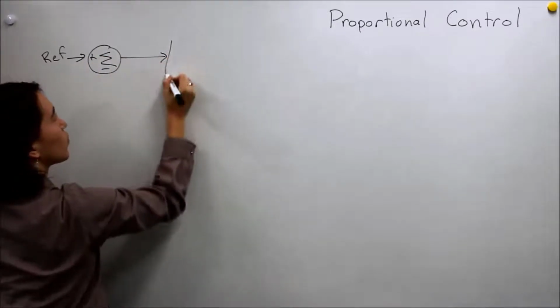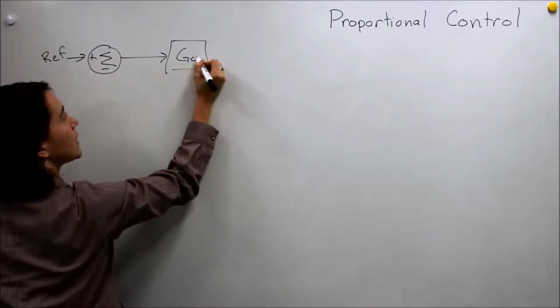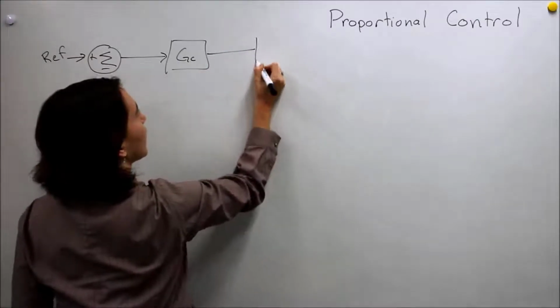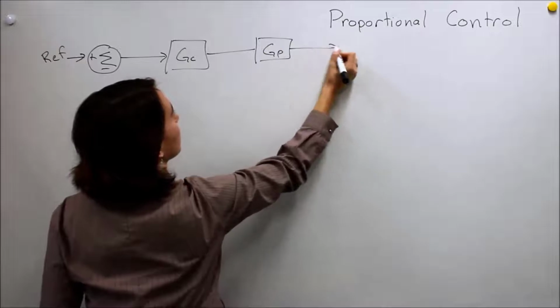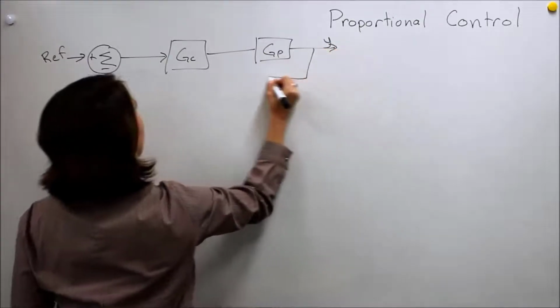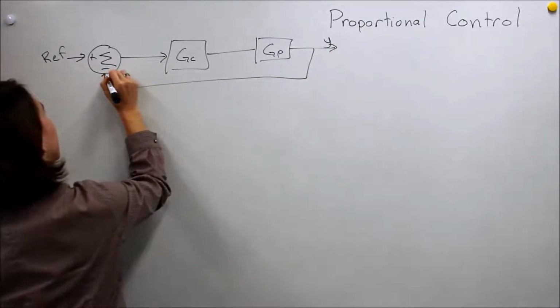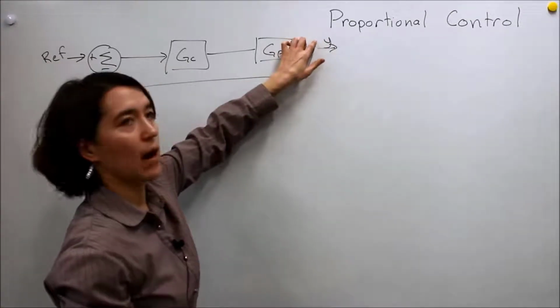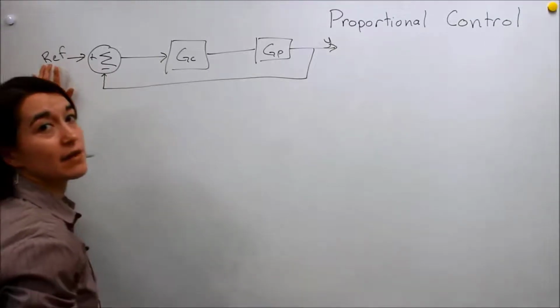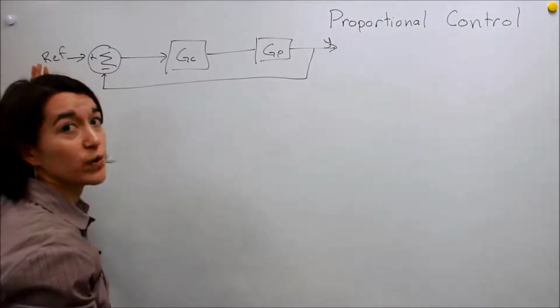Then we have a control here, and we're calling this G of C, and then we have our plant, G of P, and then our output, whatever it is. And then we feed that back through here, and the goal is to make control this output, Y, to be the same as this reference. And this is the basic feedback control.